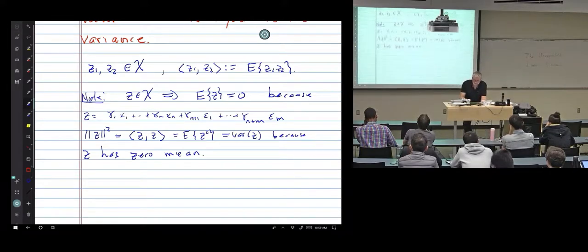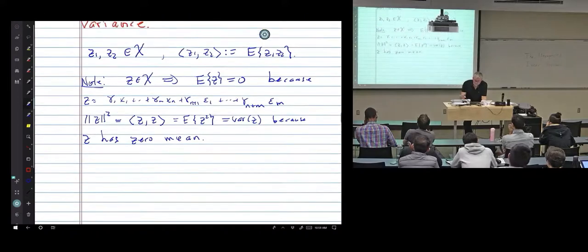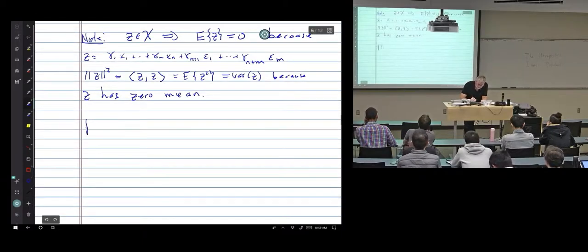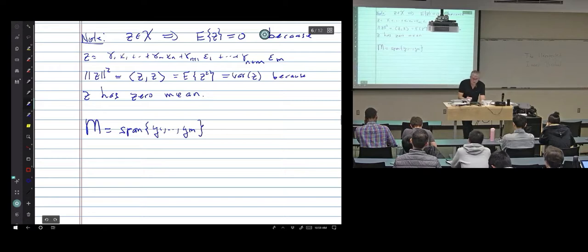So if I minimize the norm in here, I do minimum variance. That's what I'm after. I define M to be the span of the components of y. So that's a subspace of X. This is a subspace.